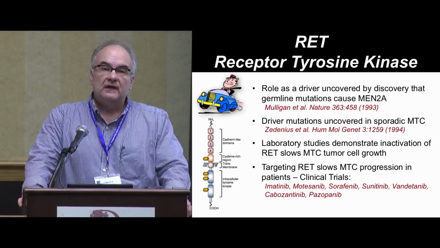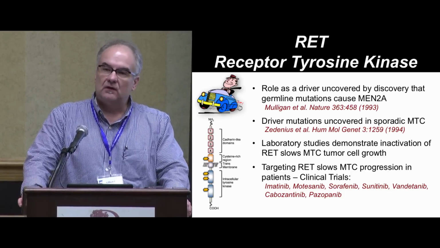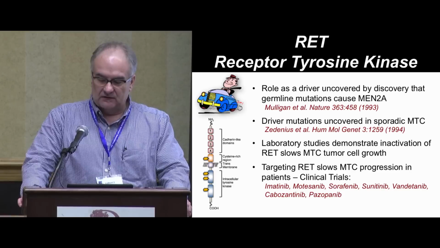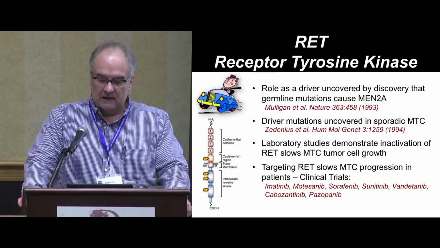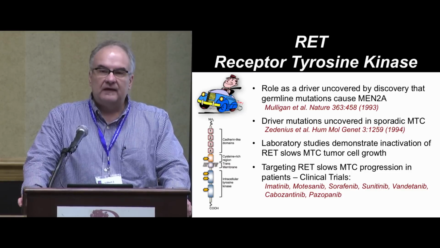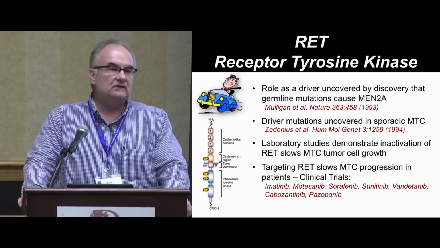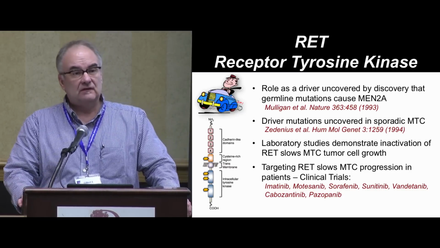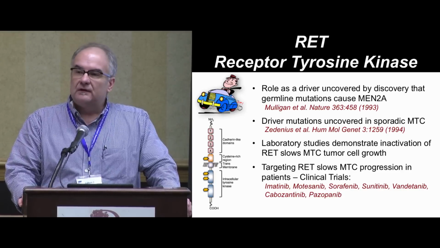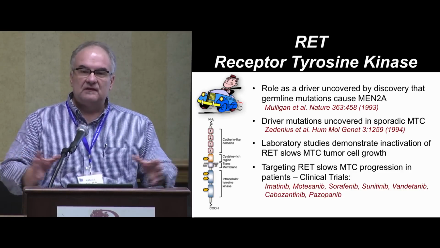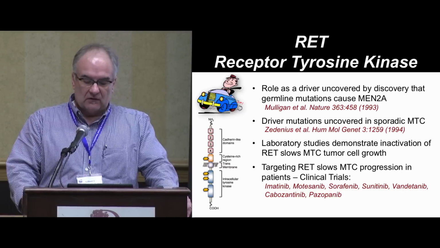In the laboratory, we have human cells that we can grow and culture that are MTC cells. They have activated RET, and when we inactivate the RET in those cells, it actually causes the cells to grow slower. Doesn't kill them, but they grow slower under the microscope. You can see them all of a sudden arresting their growth.